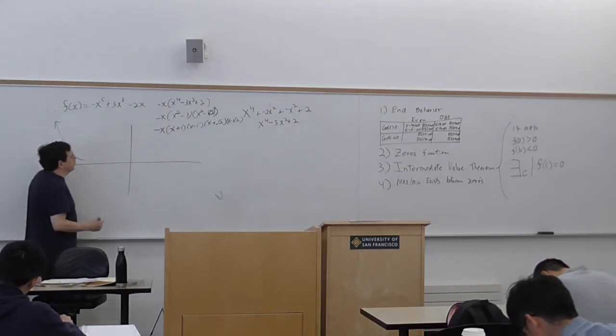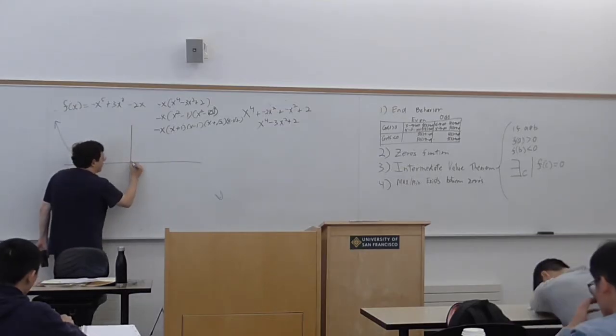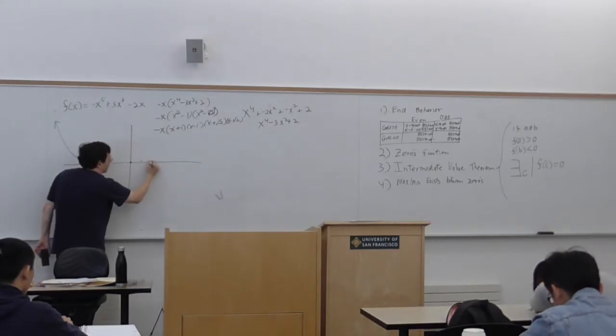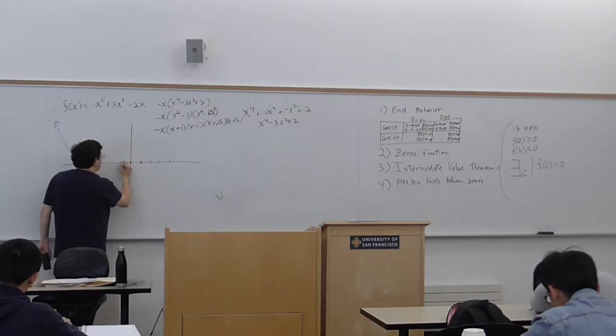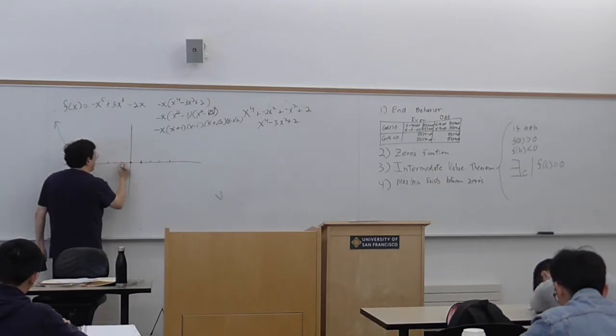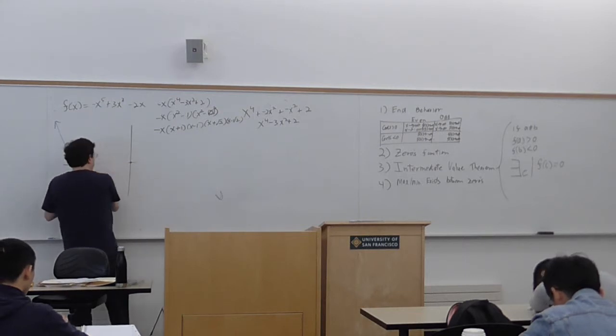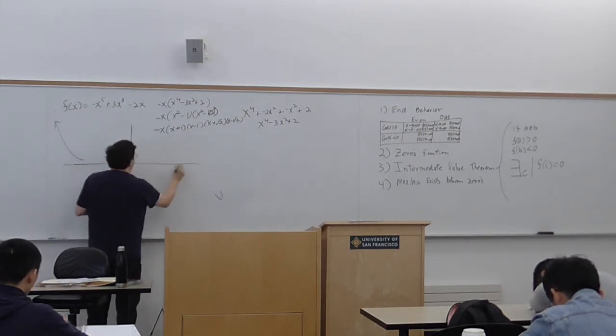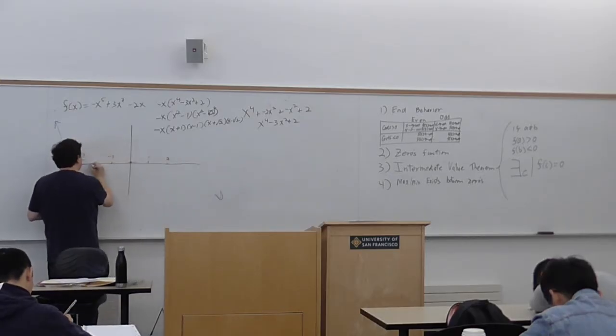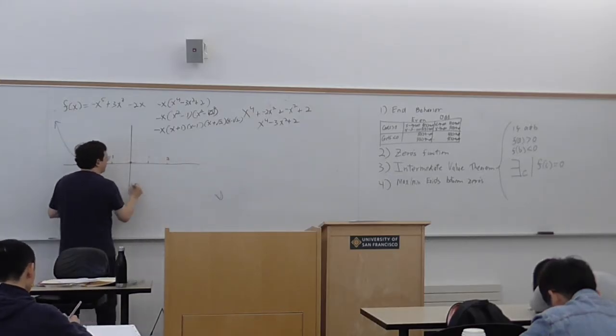So let's put in those points. I guess I should put a scale on here. Actually, I'm going to make my scale a little bigger because I can see what's happening here. So this is 1, 2, -1, -2.